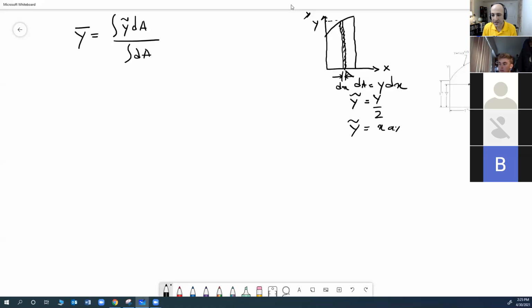So x-axis and centroid of dA, that's the sliver. Okay. Someone said it's y over 2. What else? It's not right.